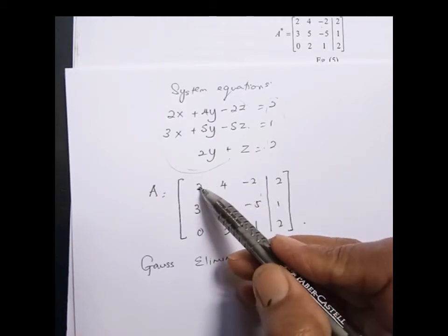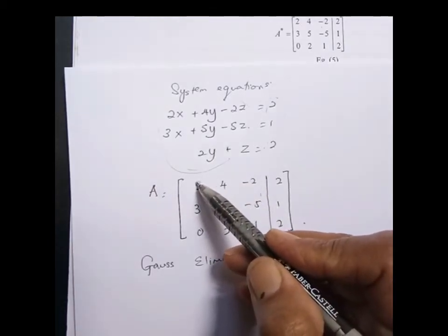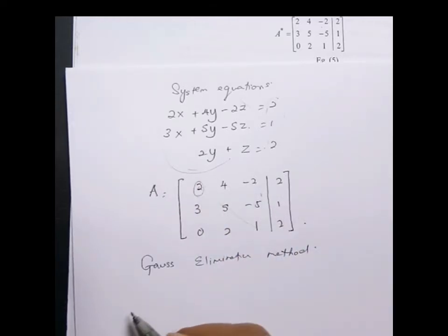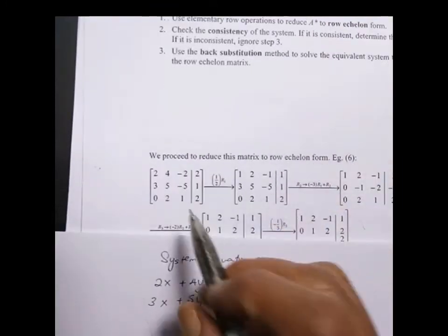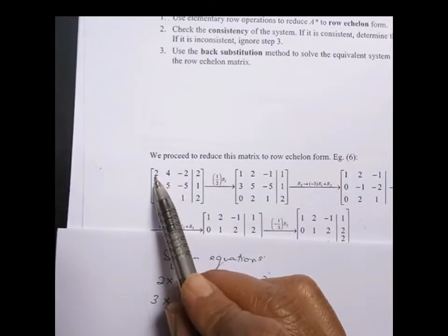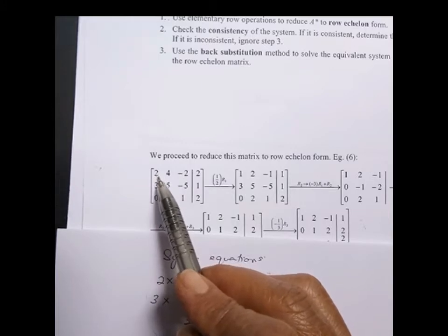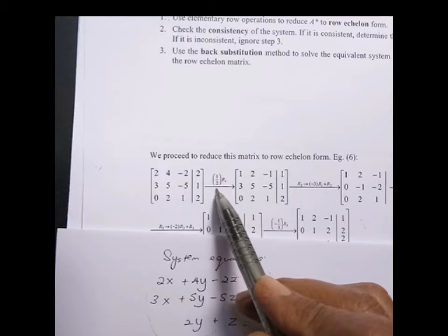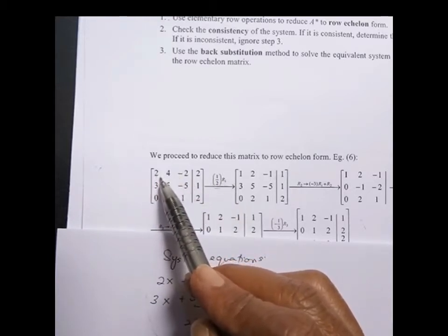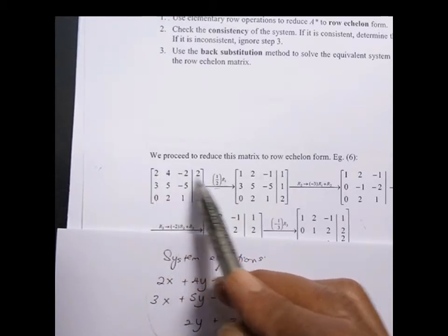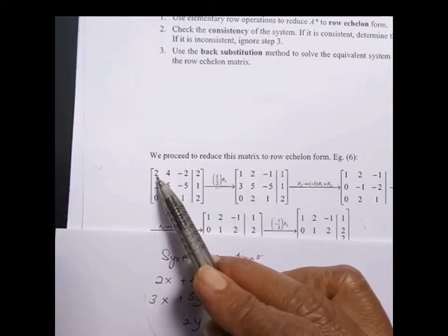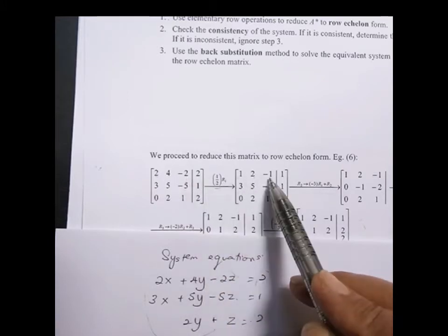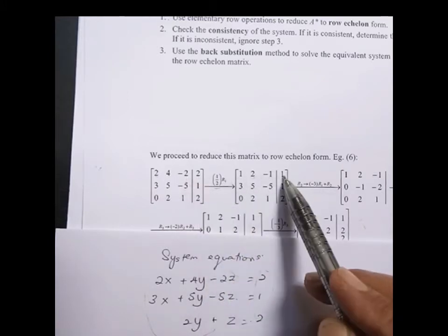First, we need to set this to 1 by dividing the first row by 2. So the first row becomes 2 divided by 2 is 1, 4 divided by 2 is 2, minus 2 divided by 2 is minus 1, and 2 divided by 2 is 1.